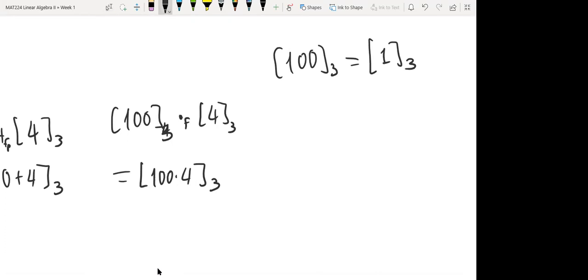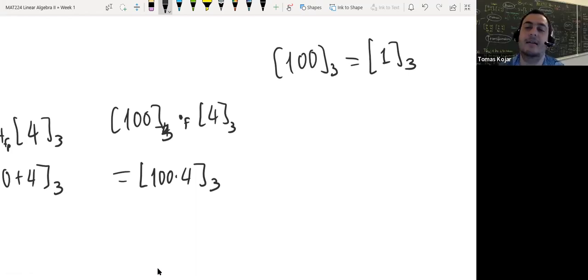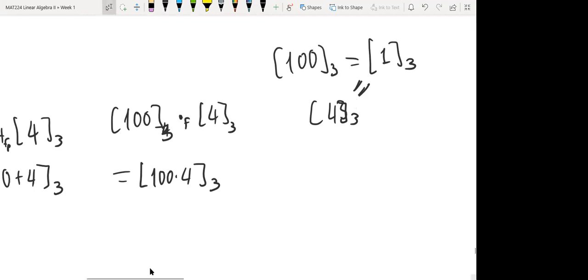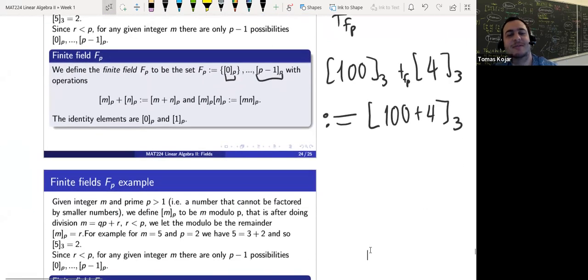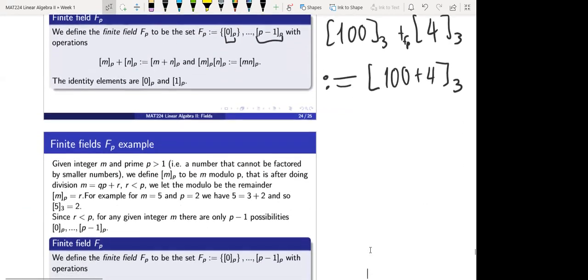Each element in the definition refers to one equivalence class. And 4 mod 3 is also equal to this. So you can do calculations with 100 and 4 because they're both the same element. That's a very good question. Please ask this during class.